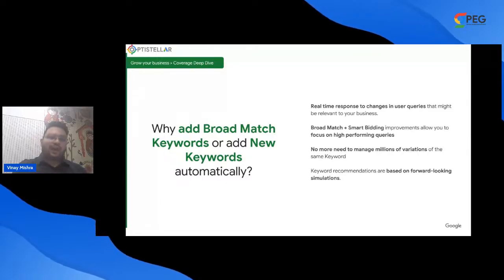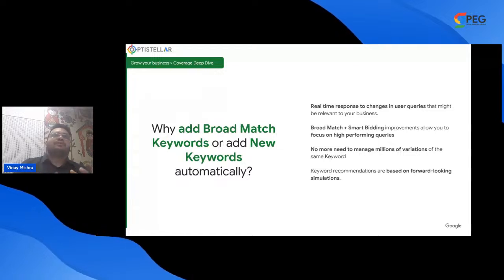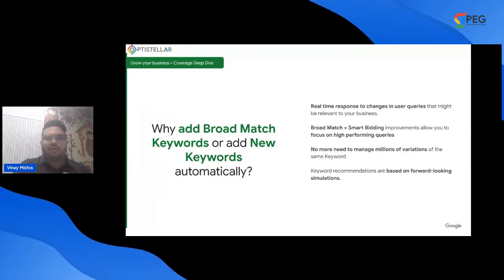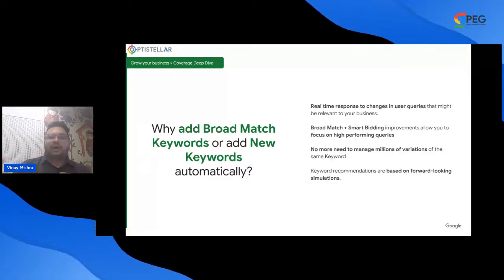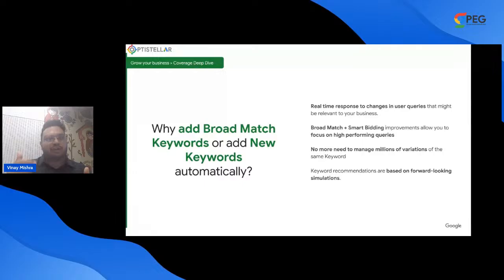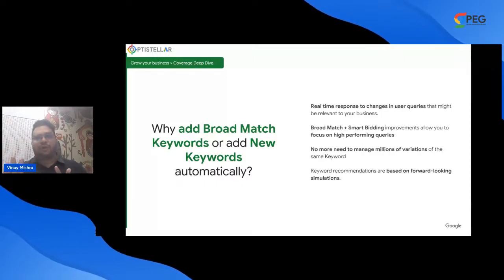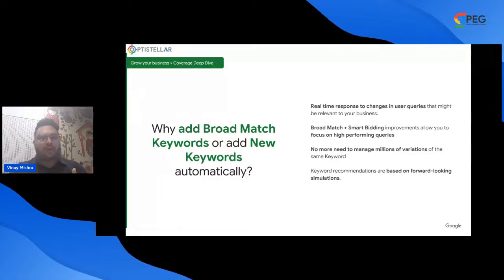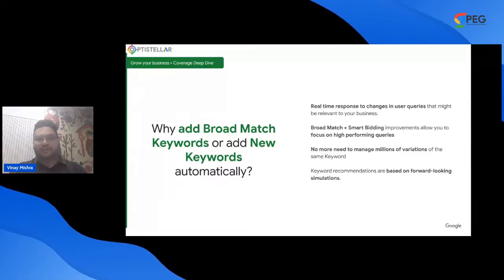If we are restricted to phrase match and exact match, we are limiting our audience to a certain set of users, right? But as I've mentioned, there is change in the user queries which we are missing out on. That is traffic we are missing out on. So when you're adding broad match or new keywords, this will help you capture those audiences as well.